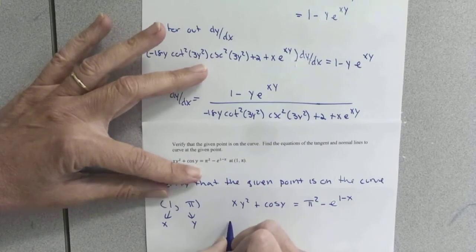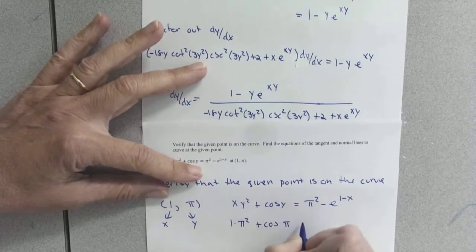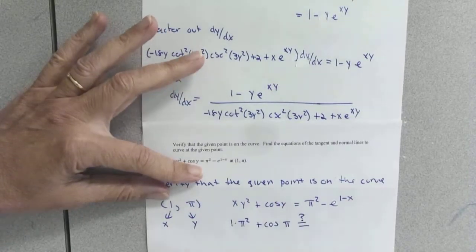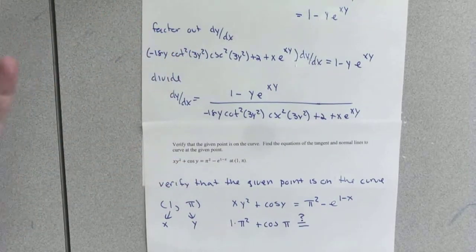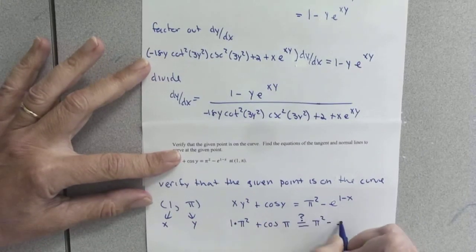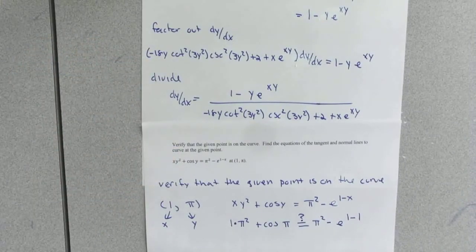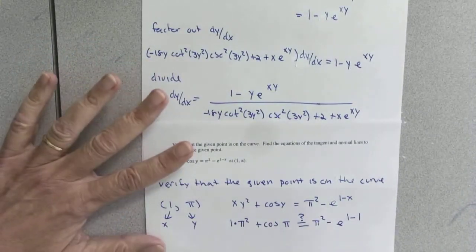So we are wondering if 1 times pi squared plus cosine of pi, is that going to equal, question mark, pi squared minus e raised to the 1 minus 1? Are those guys going to be equal?